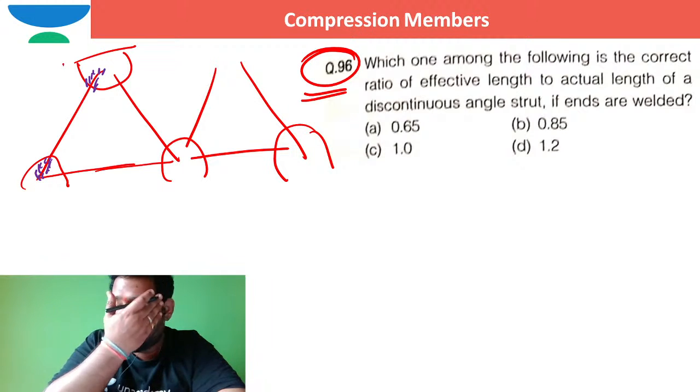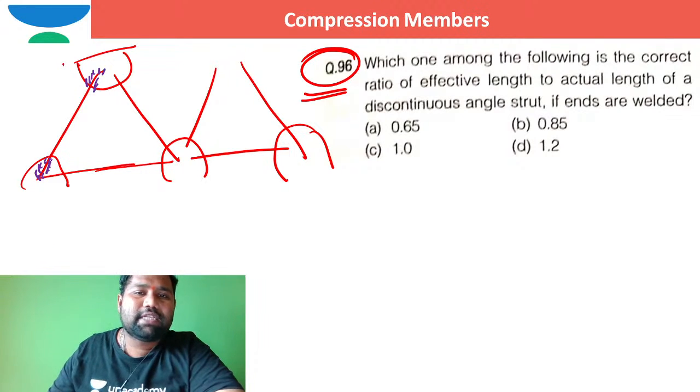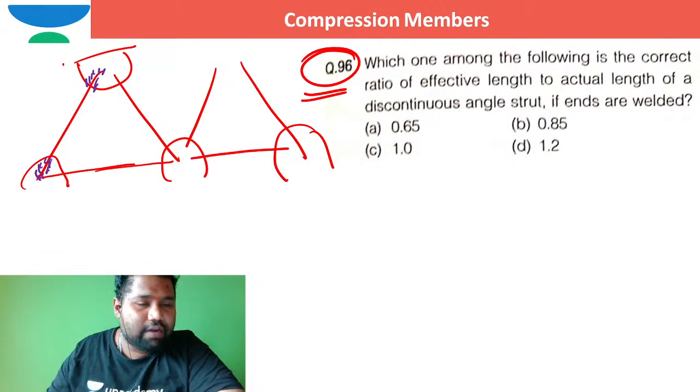When a single discontinuous angle strut is welded at this end and this end, the effective length is 0.85 times L.